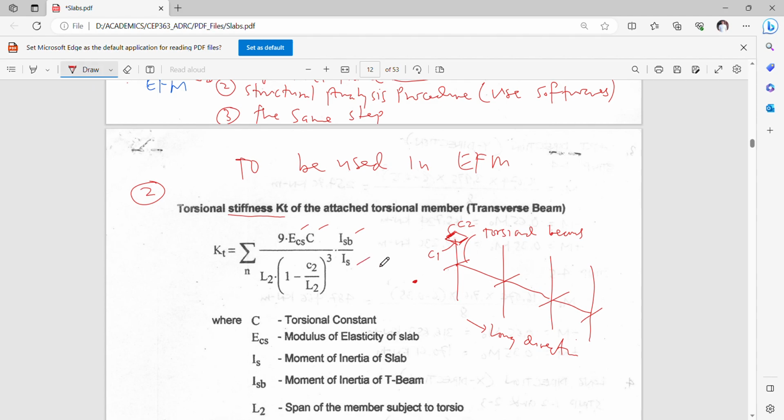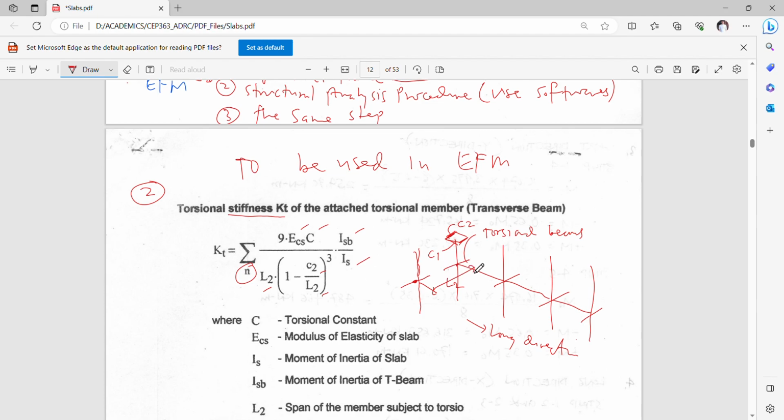So there's a column strip. The distance between this and this point is your L2. Okay, and everything is just a matter of computation. Of course, the summation symbol here refers to the number of torsional beam elements.